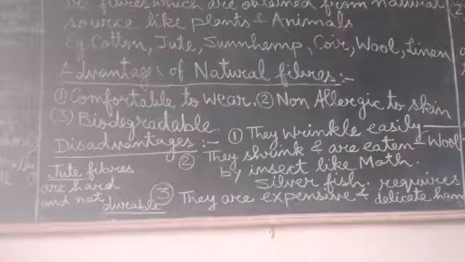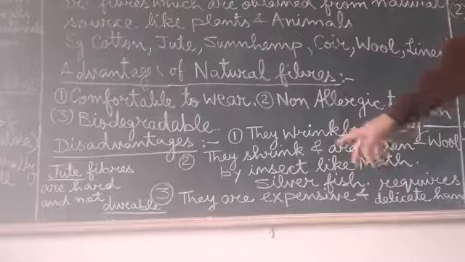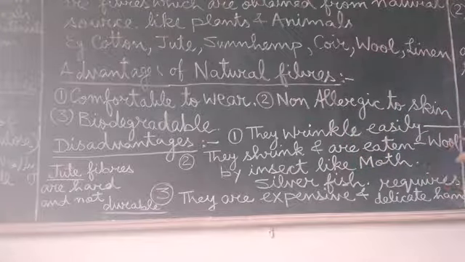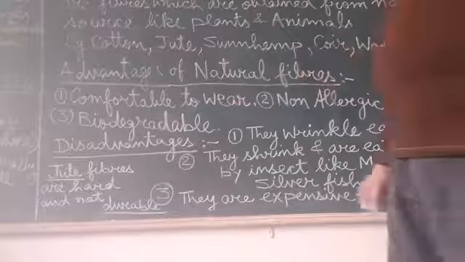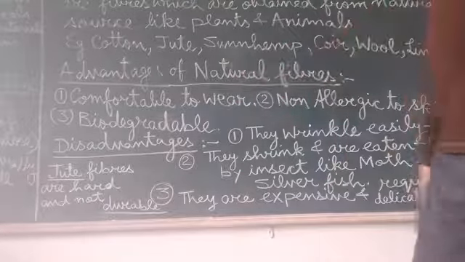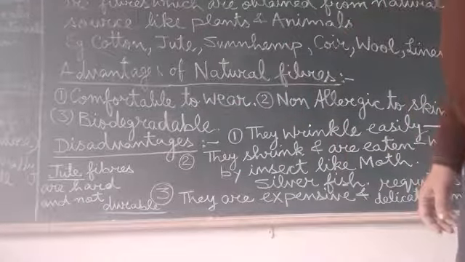Third disadvantage: clothes which are made up of natural fibers are expensive and require delicate handling, like in the case of clothes made up of silk fiber. Besides this, there is one more natural fiber which is used for making various things.